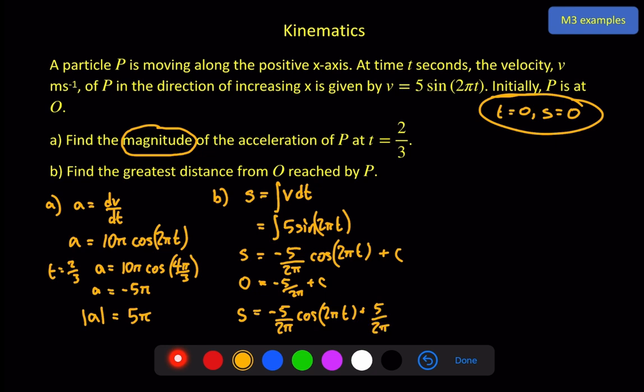Now to find the greatest distance from O reached by P, I want to know what is the biggest value this can take. And we know that the biggest value cosine can take is a 1. But in this case, that would make a negative here and a positive here. They would make a 0 altogether. So then if I want the greatest value of s, I'm going to need this to be a minus 1.